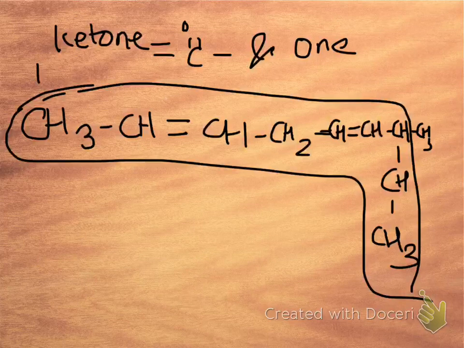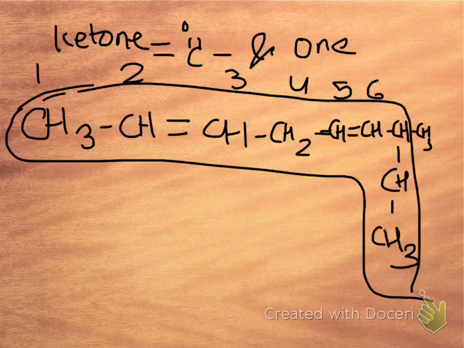So 1, then comes 2, this is 3, this is 4, this is 5, 6, 7, 8 and 9. So this is our longest chain.